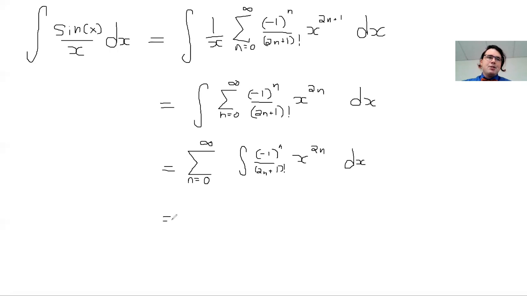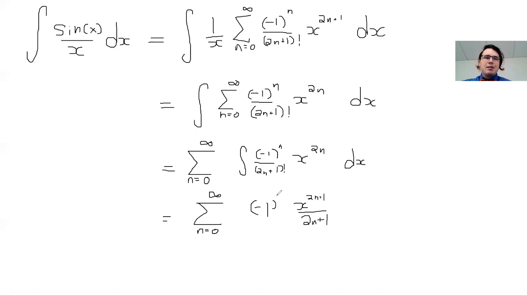Now, at this stage, I am still adding a bunch of terms up, but now I have the ability to use the power rule for integrals. Where before I had x to the power 2n, if I'm integrating, I will increase that power by 1. I divide by the new exponent. This is now x to the power 2n plus 1, all divided by 2n plus 1.